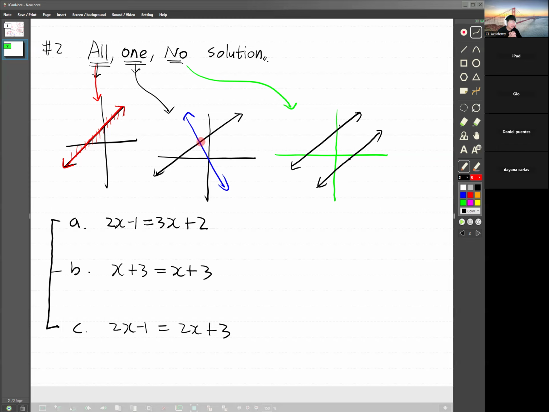Danny, Diana, are you guys doing good? Oh, Danny, one more time. We are not solving any equation here. You need to state it all, one, no. That's all you need to do.